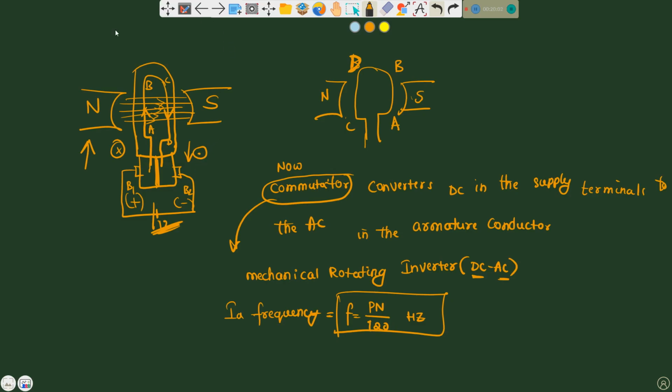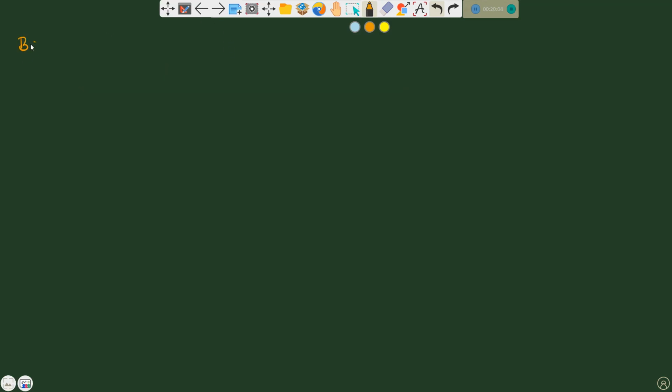Okay, so let us now discuss back EMF. What is back EMF? In a DC motor also, generator action takes place.